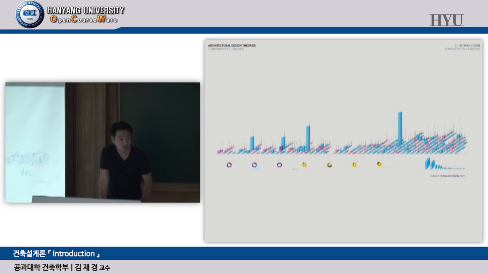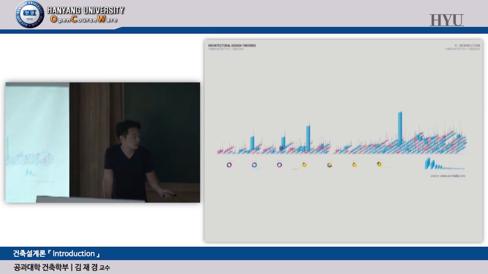The question was, which book is the most important to you, and which book do you think is very important in architectural history? You can see the 4 books, right? Only 4 books had many votes from architects.